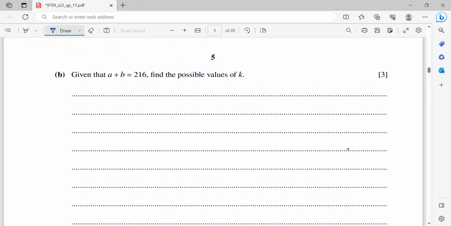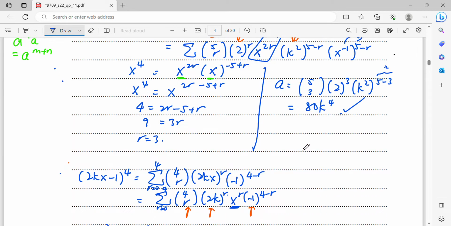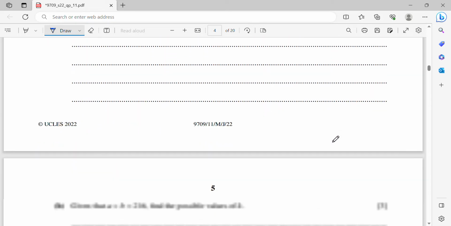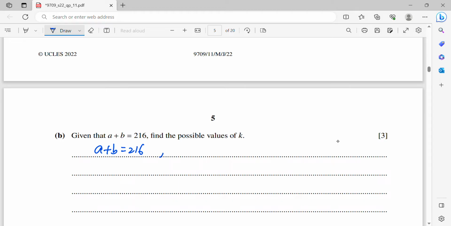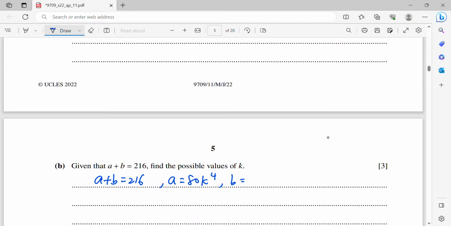Now part b: given that a plus b is 216, find the possible values of k. So a plus b is 216, your a is 80k^4 and b is 24k².